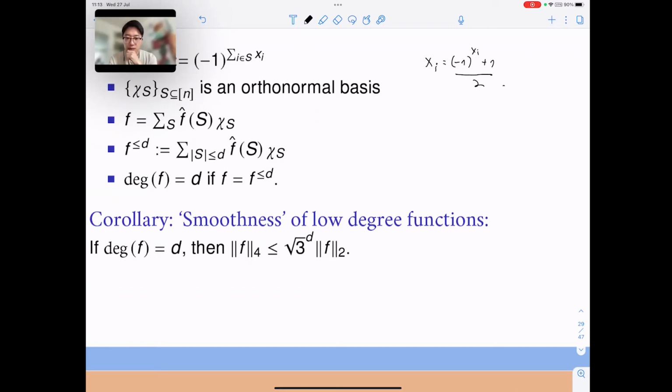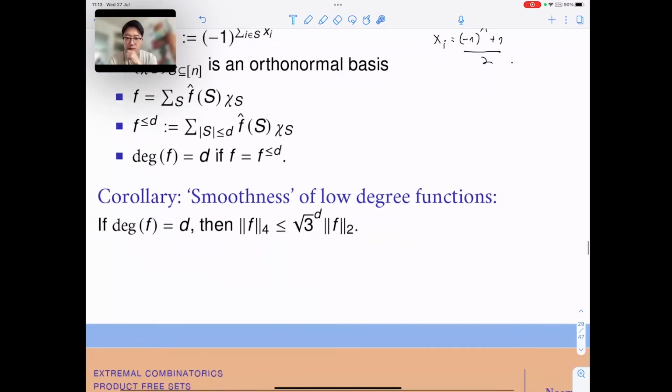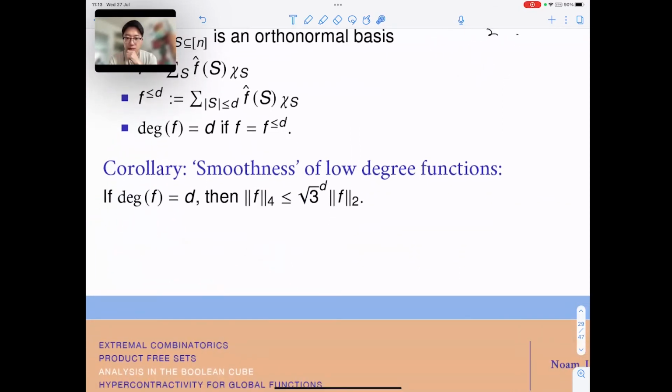And it turns out that being a low degree polynomial means being a low degree multilinear polynomial in the dictators. Another equivalent way to think about the hypercontractivity theorem is about smoothness of low degree functions.